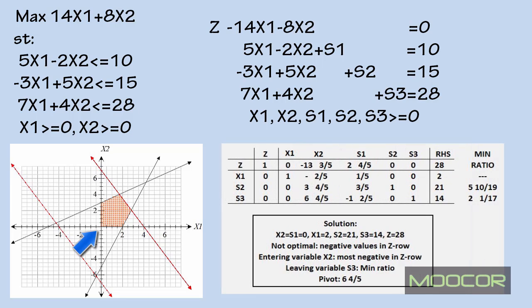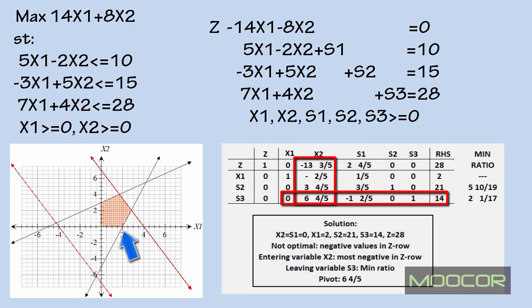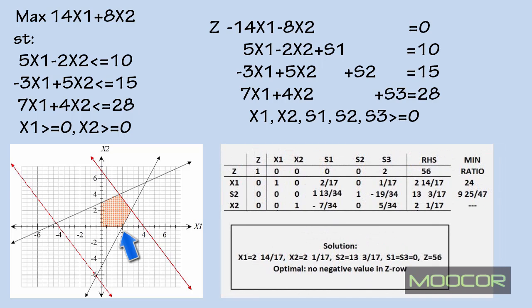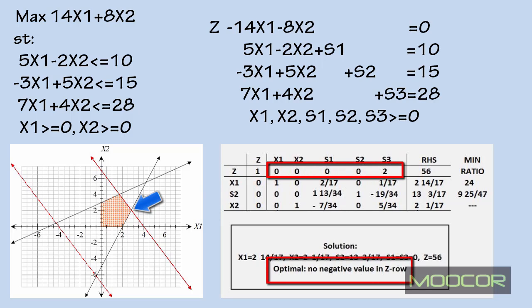In this case x2 is an entering variable. We will identify the leaving variable, and we will perform another iteration which will take us to the point that indicates an optimal solution, because there is no negative value in the z row.